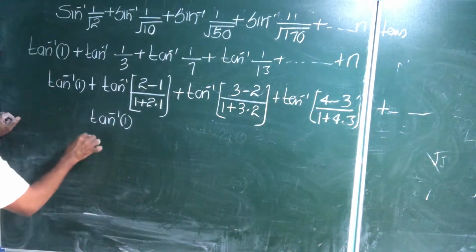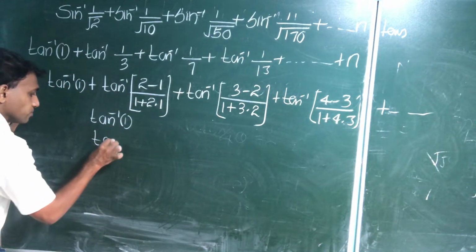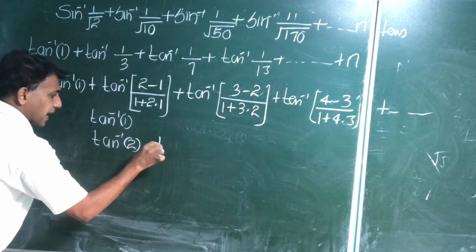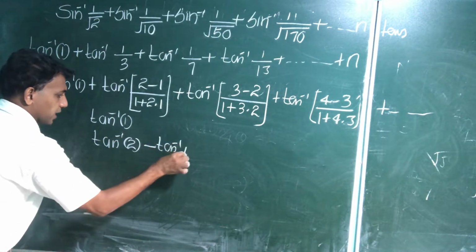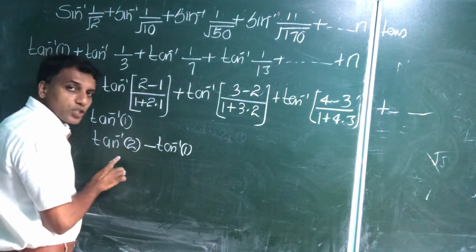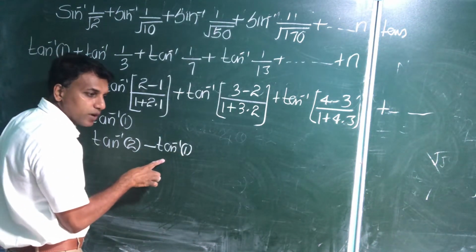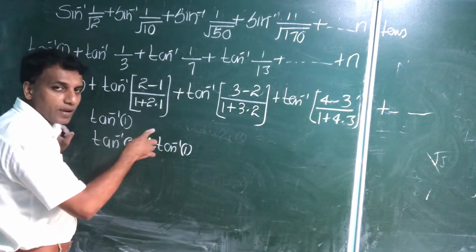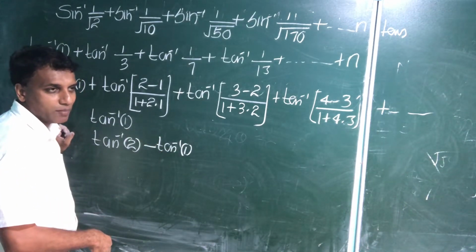Okay, tan inverse 2 minus tan inverse 1. Tan inverse 2 minus tan inverse 1 is tan inverse of 2 minus 1 over 1 plus 2 into 1, A minus B over 1 plus AB form, right?